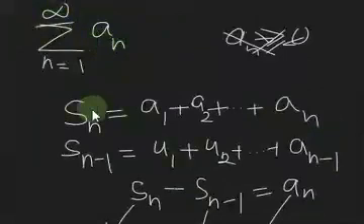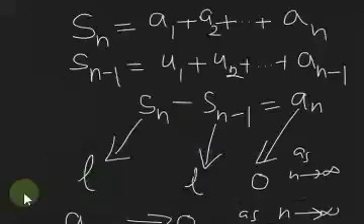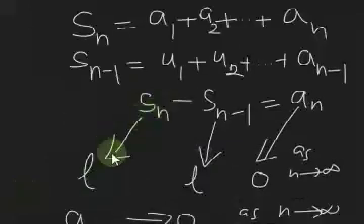That means the partial sum converges to a finite value L as n tends to infinity. This one also converges to the same limit L. So when you consider the difference between these, the limit of a_n should be equal to 0, right?